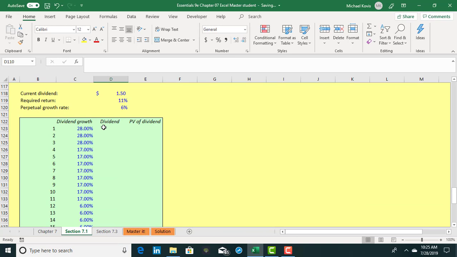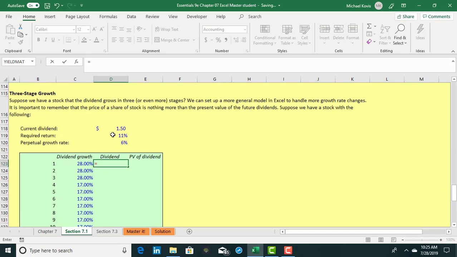So we have some accelerated growth rates, and then they're going to taper off. Then I can do a present value of all these dividends. The present value being, so our rate, and let's lock that cell in. So I can just drag and drop. Our number of periods they gave us. We have no PMT.